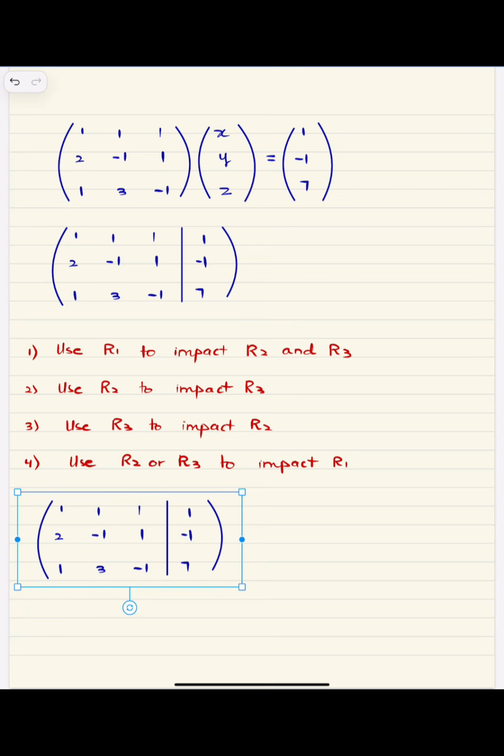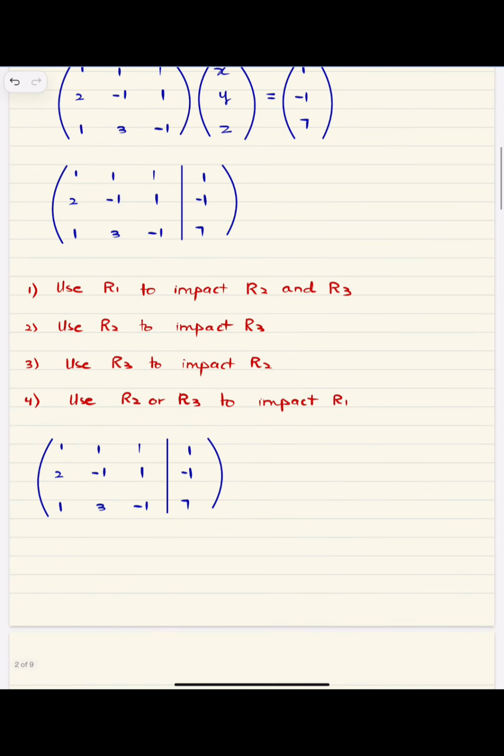Okay. So I want to convert this into a 0, then this into a 0, then this into a 0, then this into a 0, then this into a 0, then this into a 0. So this is going to be the procedure, and I'm going to have these leading ones stay here so that I can easily get the answer of x, y, and z.